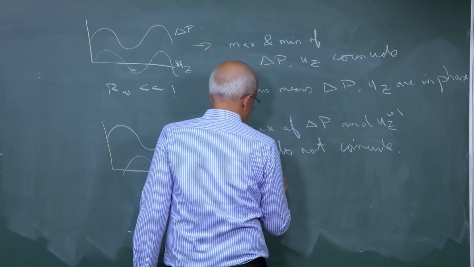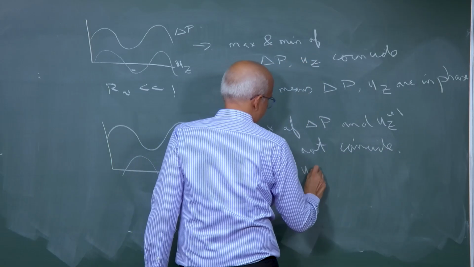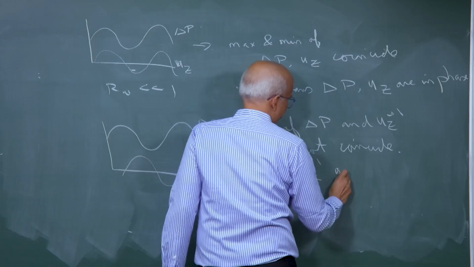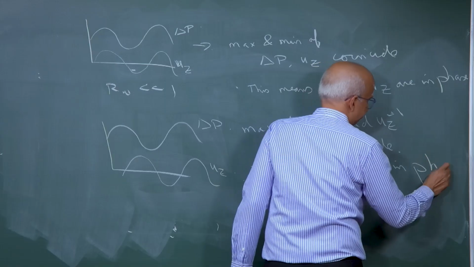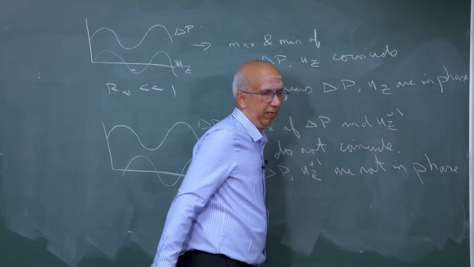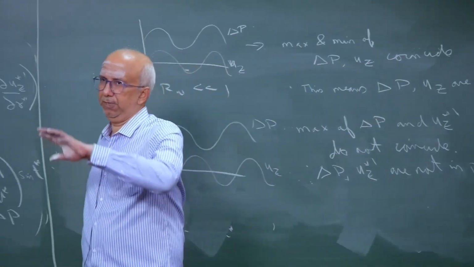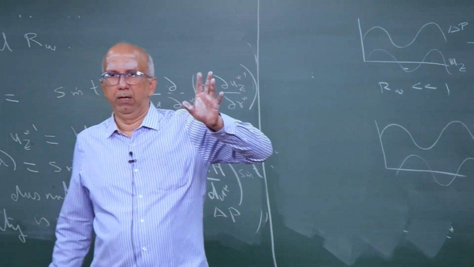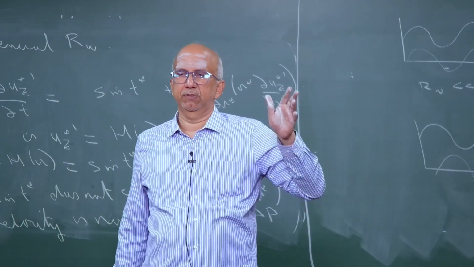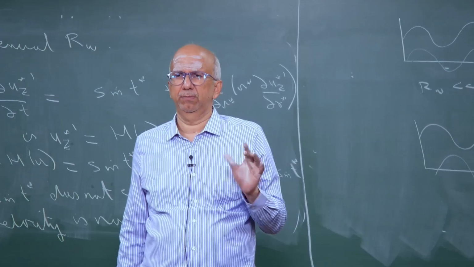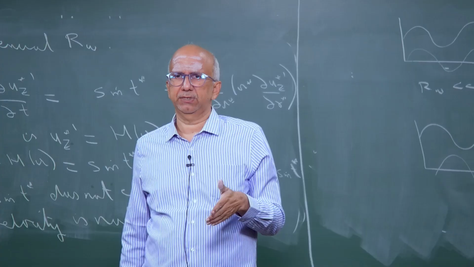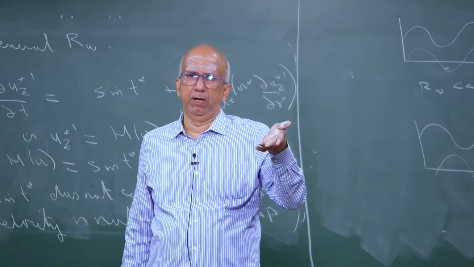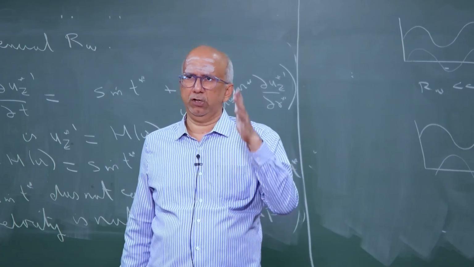Therefore, delta p and uz star of 1 are not in phase. Okay. So in phase means delta p is going as sine, velocity is also going in terms of sine. The amplitude may be different, but they are going hand in hand. Maxima of delta p, maxima of u are the same. Minima of delta p, minima of u are occurring at the same time.